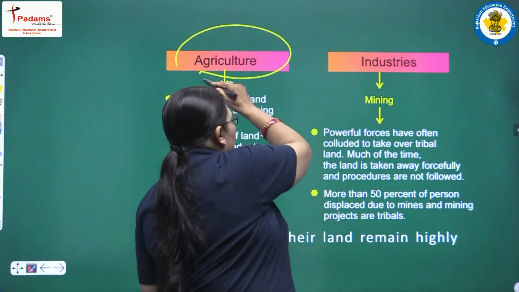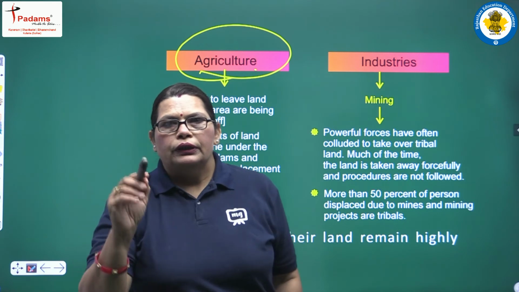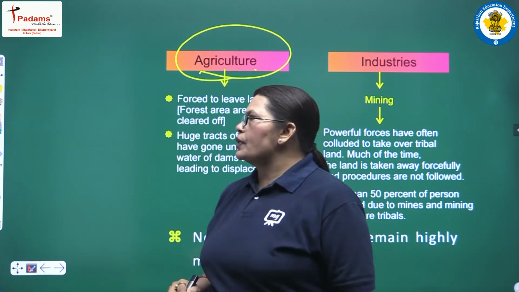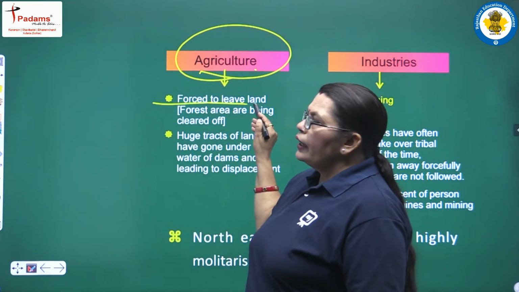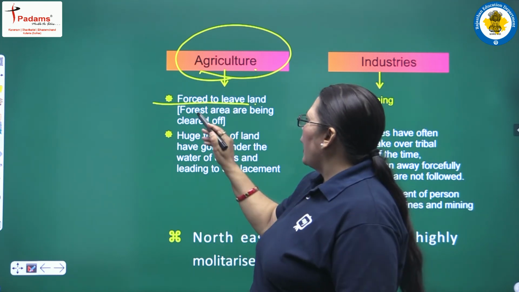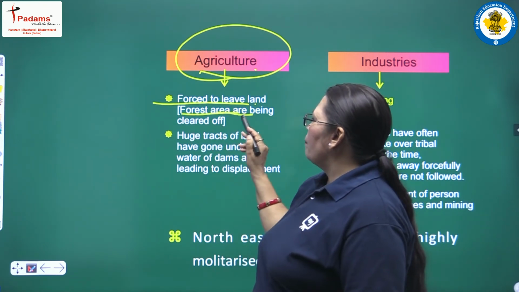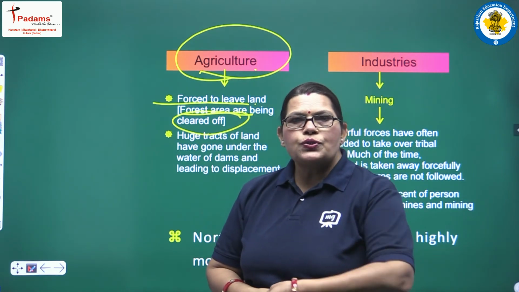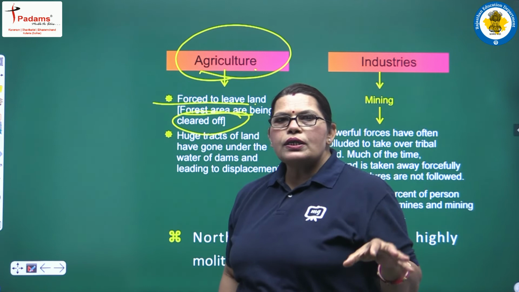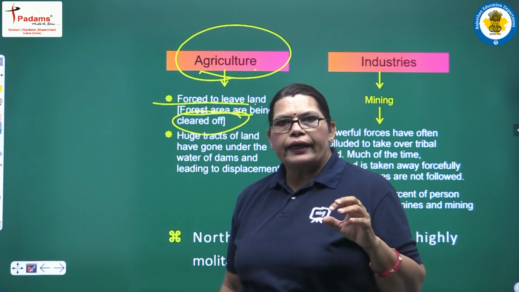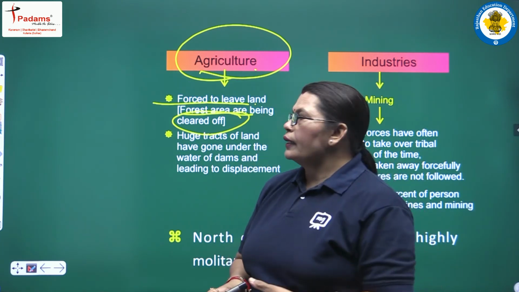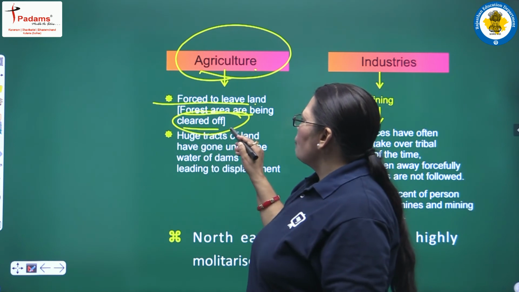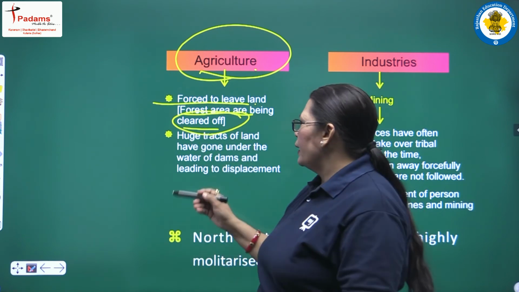When we are considering agriculture, students, what condition did they face? They were forced to leave land, forest areas are being cleared off. That's the main reason they switched off from the forest, because the government as well as the contractors need clear-cut land, and that's why they were forced to leave that area.